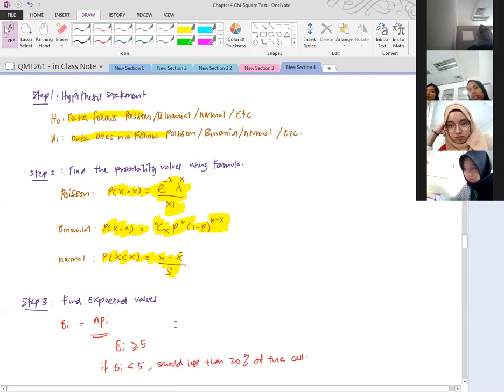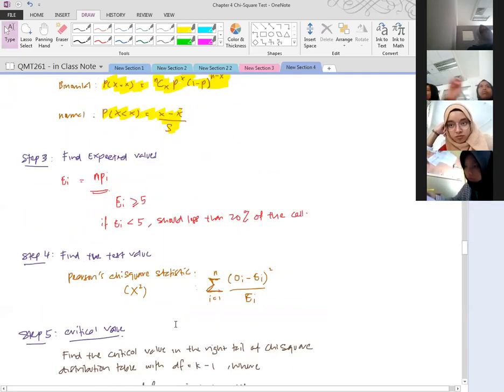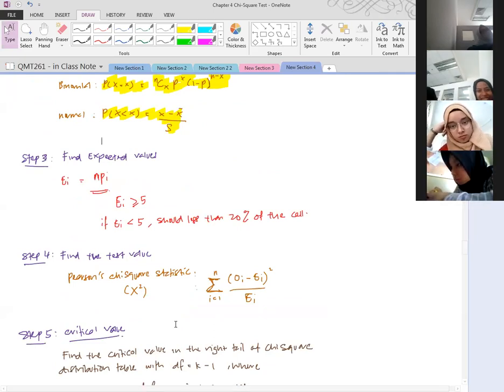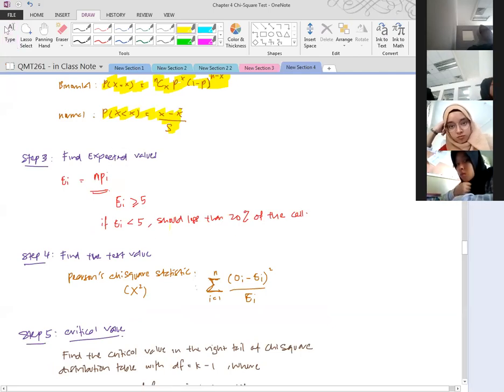Step number three, you need to find the expected value. Same as the previous step, you need to find the probability and the expected frequency.